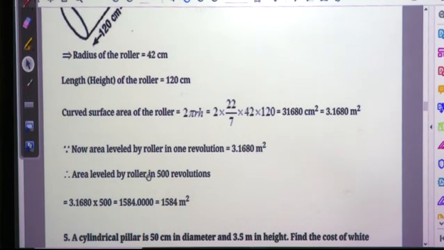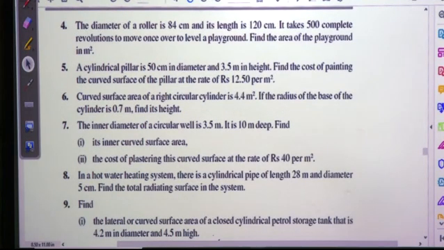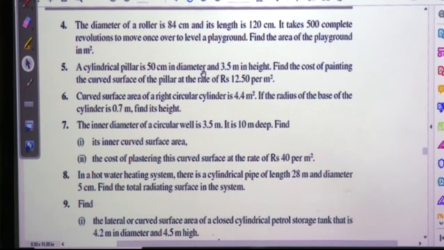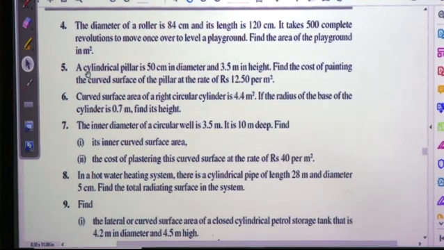Therefore, area leveled by a roller in 500 revolutions is 3.1680 into 500. This becomes 1584 meter square. Now, this is the total area of the playground in meter square.